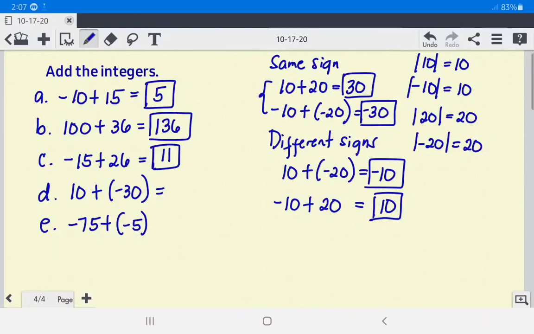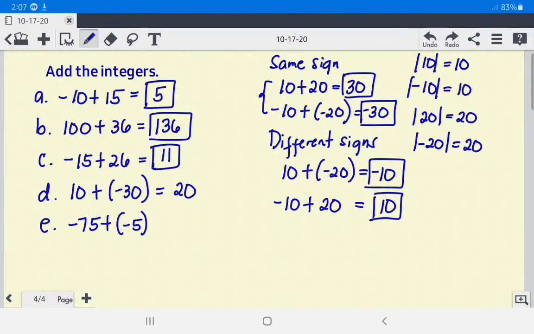Next, we have 10 plus negative 30. So, subtract. The absolute value of negative 30 is 30. Then, minus 10, we have 20. Okay? So, 30 minus 10, we have 20. Then, what is the sign of the bigger number?